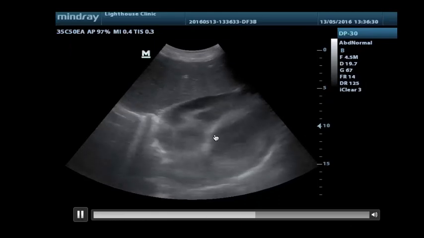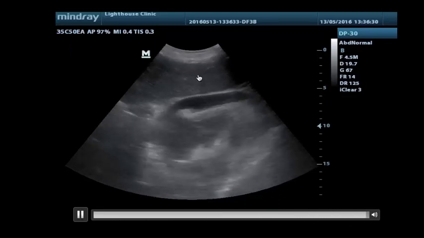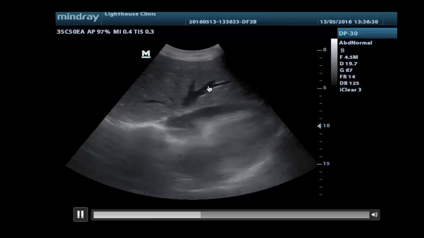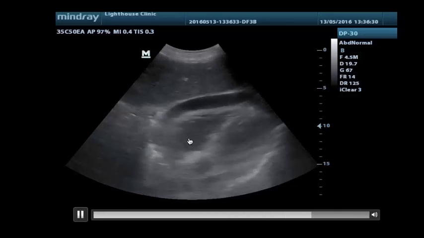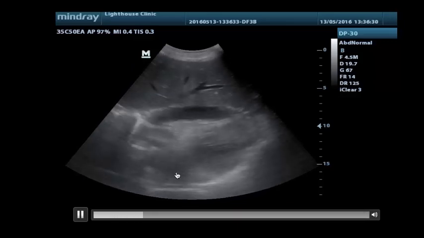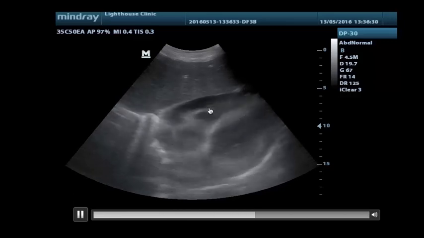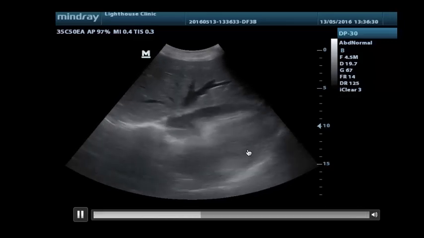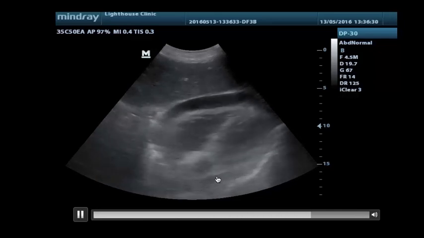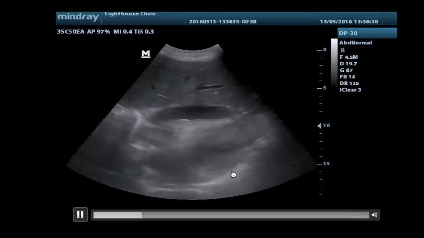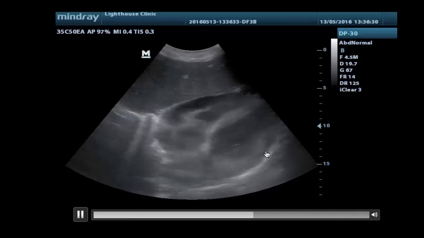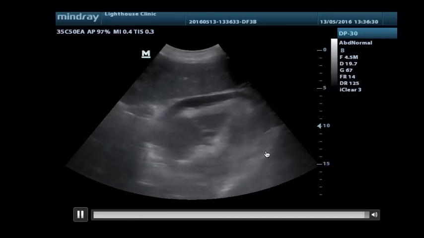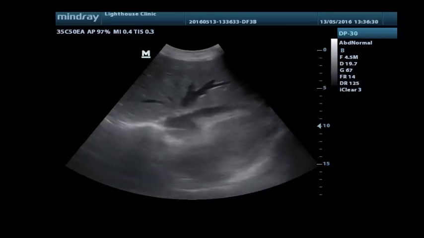This is another patient. You can see again you have the liver in front with the hepatic veins. You have the right atrium, right ventricle, left atrium, left ventricle, and you see again an anechoic rim around, which in this case goes around the whole heart, and even here in the back you can see an anechoic rim, a pericardial effusion, which is certainly significant.